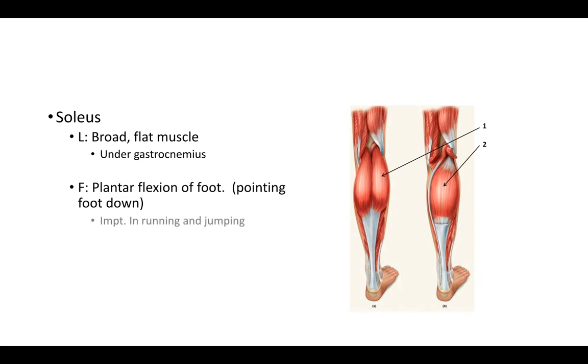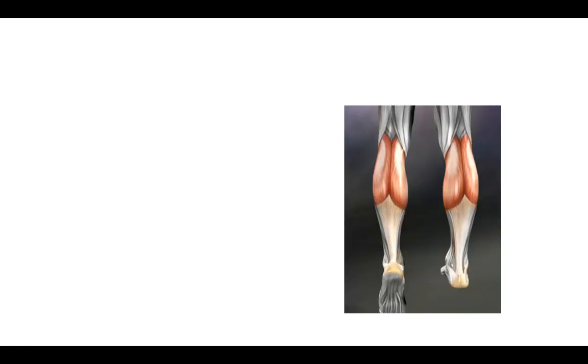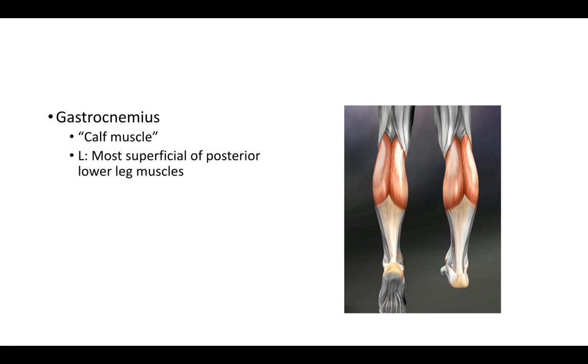And our last muscle is important in running and jumping. Our last muscle is our calf muscle. And so the calf muscle is the most superficial on the posterior of the body. And it has these sort of two parts to it, and then a big tendon sheath right here, and aponeurosis.